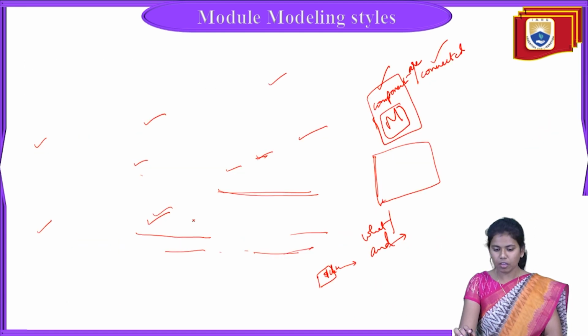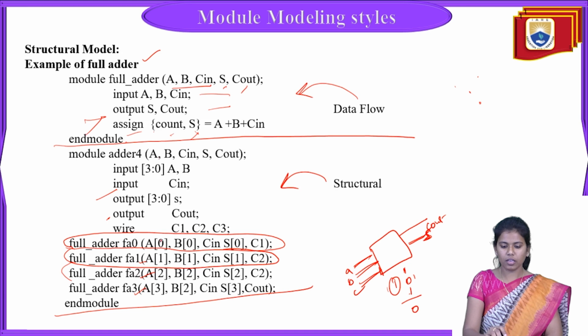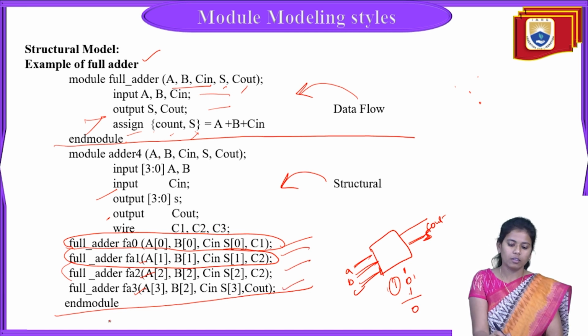The same way we have discussed here using the example called full adder. If we are considering 4 full adders, like how we represent full adder 1, we have to represent full adder 2, 3, and 4. And finally, we are terminating the syntax with the end module.